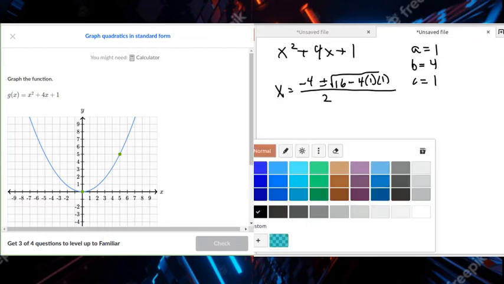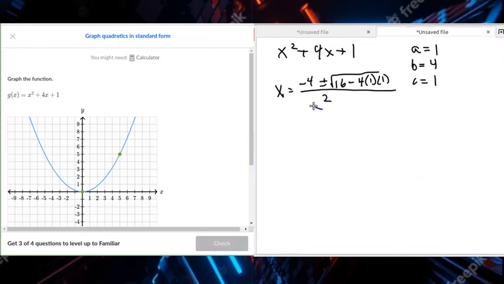Really, the important thing I'm going to get out of here is this vertex part, and we can see this is going to be root 12, so this is going to be irrational. It's not really going to help us graph.